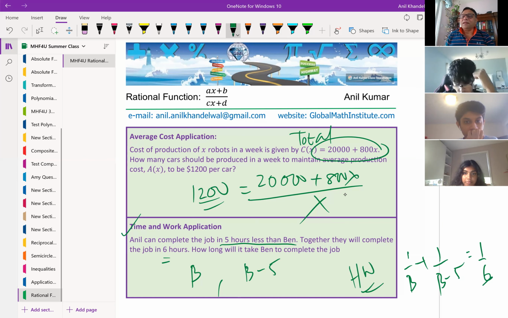Right-hand side: if Ben is doing the job in B hours, then in 1 hour, 1 over B. And 1 over B minus 5 for Anil, you get the idea, reciprocal. And equate the two, because together they can do the job in 6 hours. So check how much each person is doing in 1 hour. You get your equation.